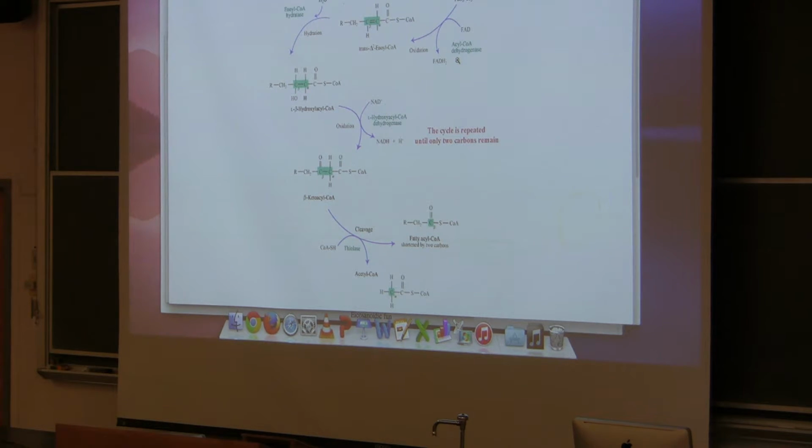That was the reaction that took 2 protons, 2 electrons away. It made that trans double bond that I showed you at that time, and the electrons went to FAD and made FADH2. Same reaction. That also occurred between carbons 2 and 3.